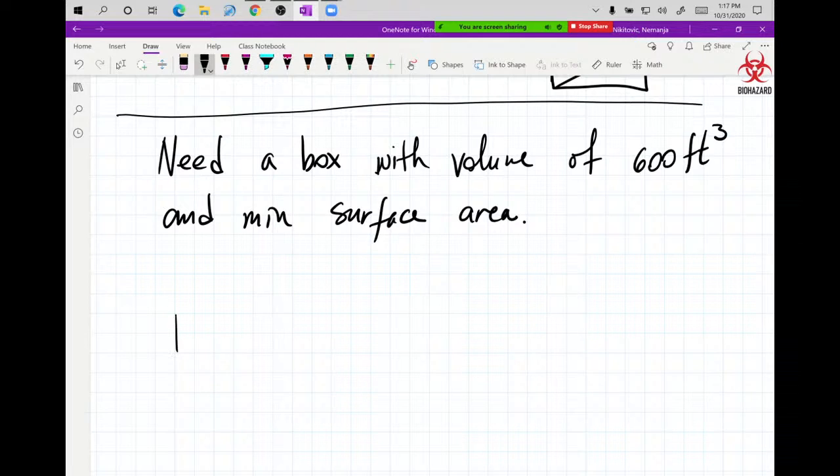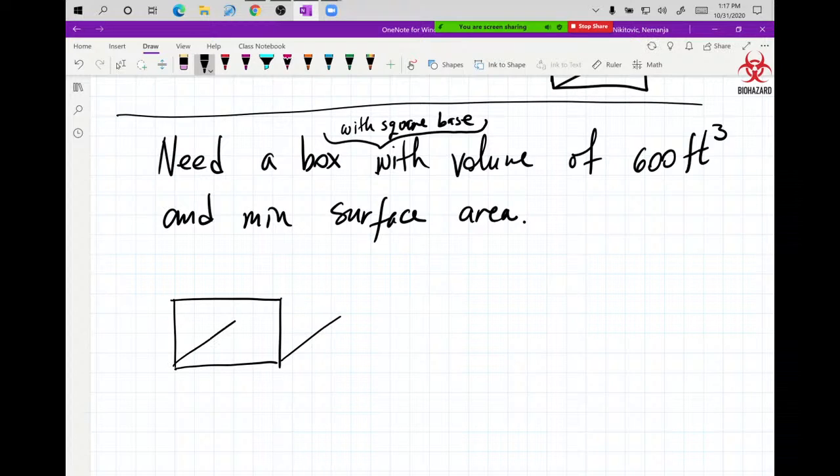I'm going to have a box. Oh, I didn't say a square base. I'm sorry. Box with square base. I have to put that in, guys, because if I don't put the square base, then it's a Calculus 3 problem, and we're not going to deal with Calc 3 problems now. So I'm going to draw a rectangle and say that the base is square by simply calling it x and x.